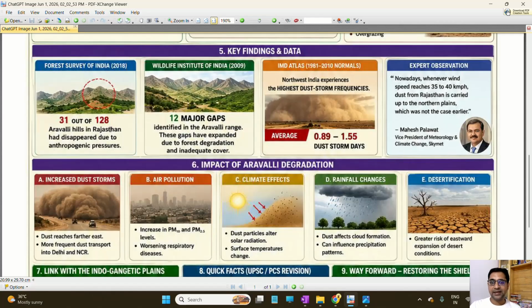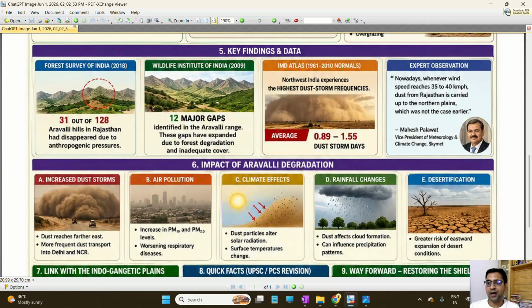Then there is the IMD Atlas from 1981 to 2010, which shows that northwest India experienced the highest dust storm frequency, with around 0.89 to 1.55 dust storm days. There are also expert observations.